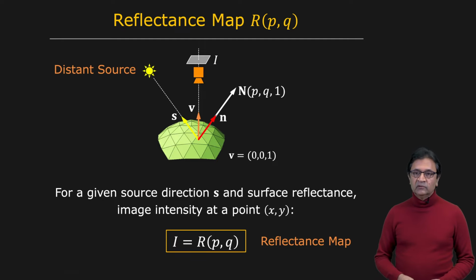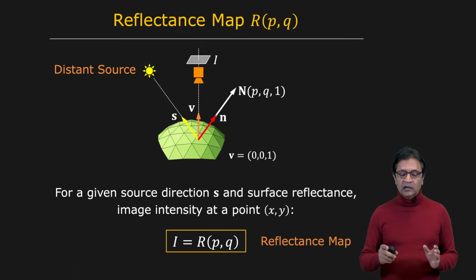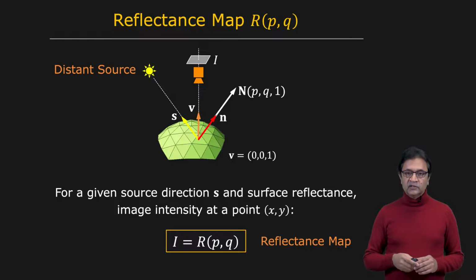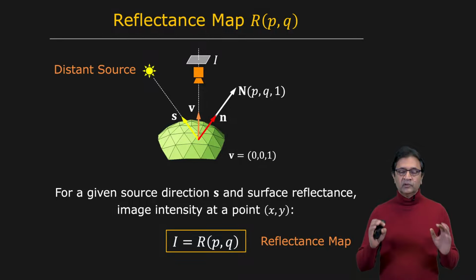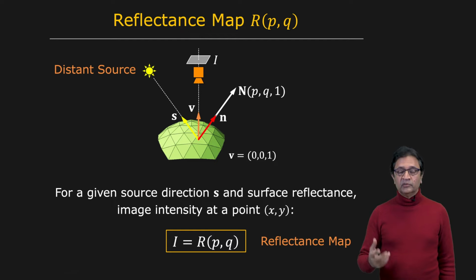Okay, so that brings us to the concept of a reflectance map, R(p, q). To compute it, we assume that we are given the reflectance properties of the surface, the BRDF of the surface. We are also given all the information we need about the source that is illuminating the surface.